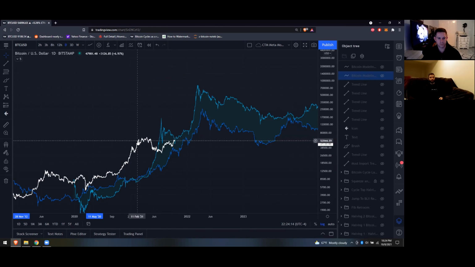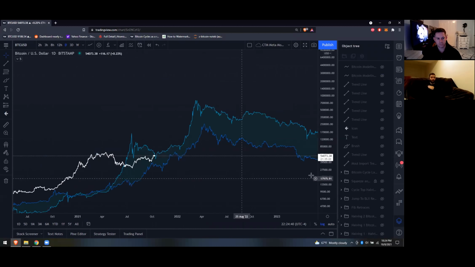The top of the first peak of 2013 would line up? Yeah, I'm saying that if this were stretched, we might have realized we're hitting the top of this price action. Yeah, I see what you're saying. If these two models were stretched back to the halving here, because I have to move it over to the right.